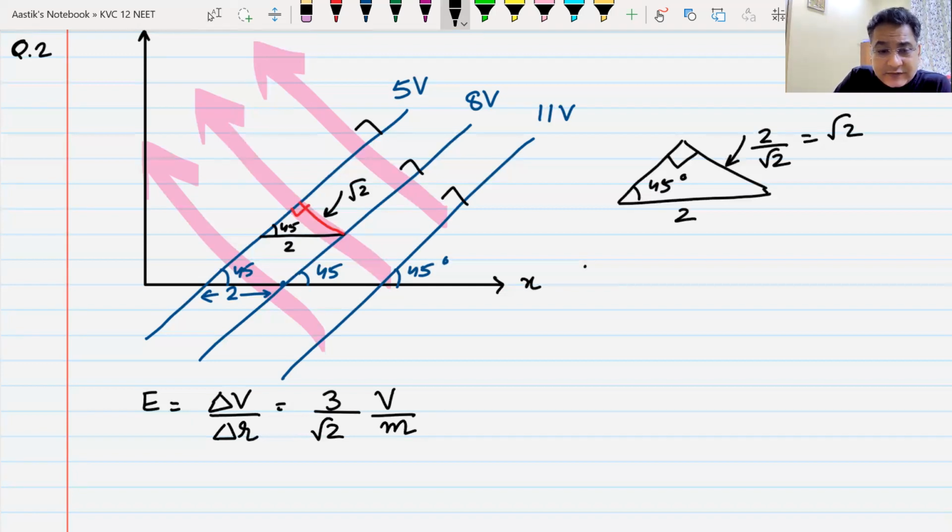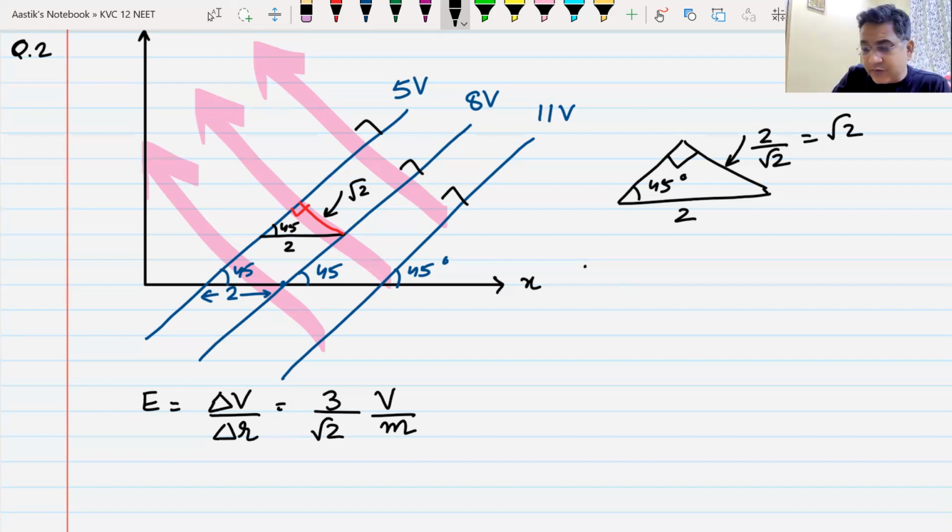Remember, whenever you have to find out electric field from potential difference, you have to use the perpendicular distance. Do we understand this? Yes, sir.